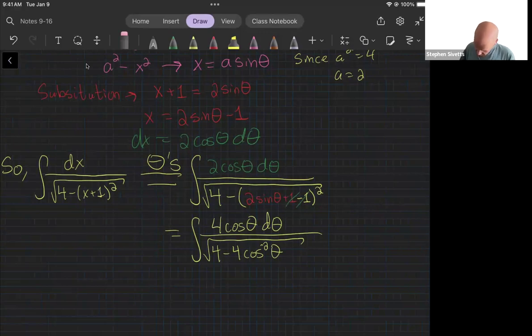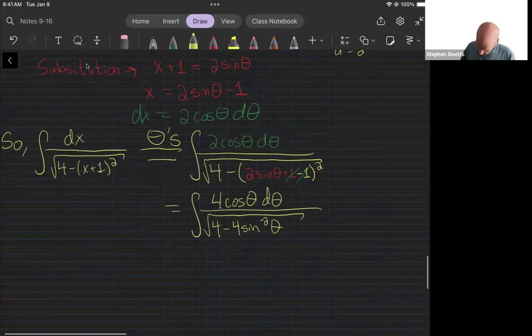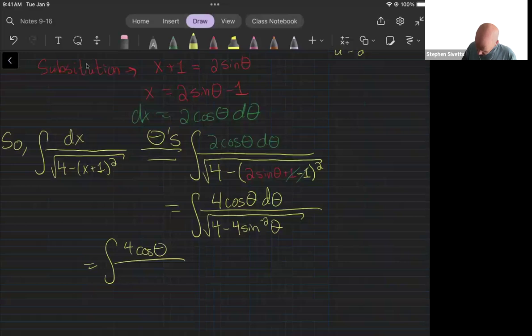Okay, this should be 4 sine squared theta, and this should be a 2 here.